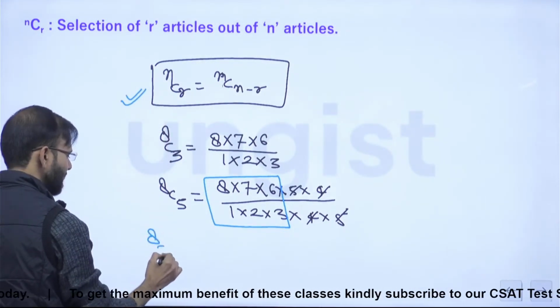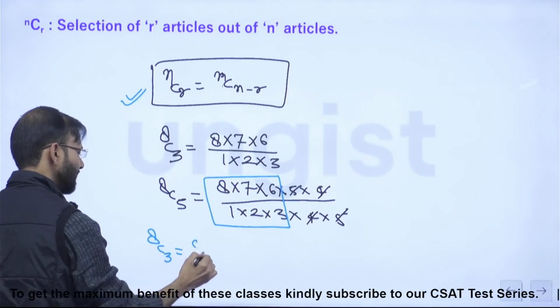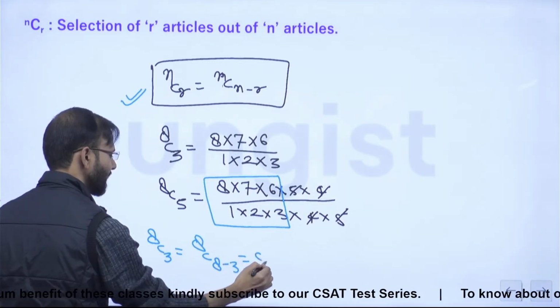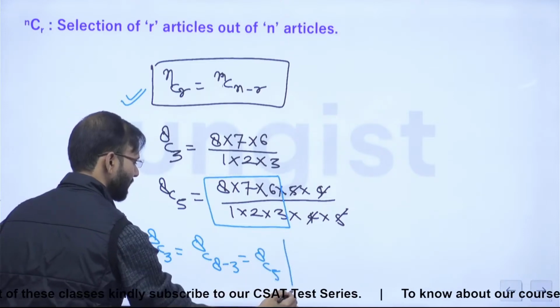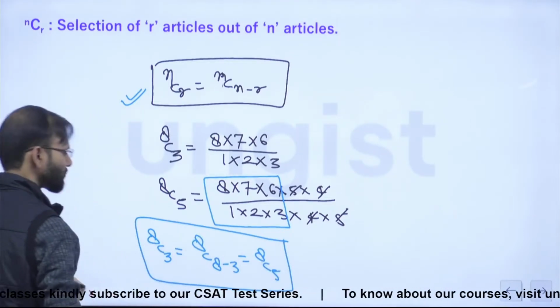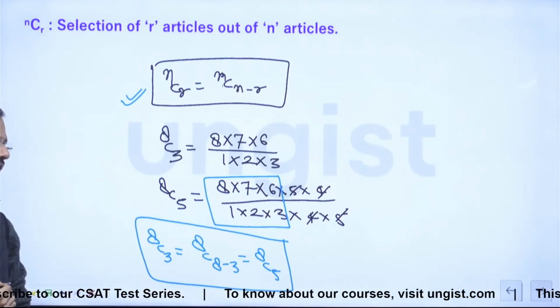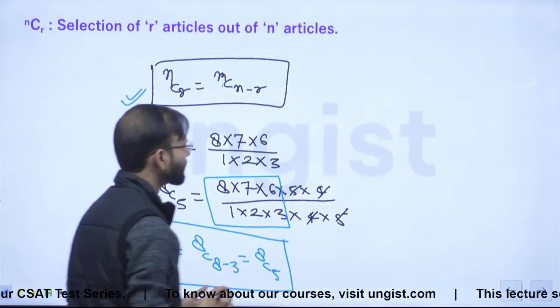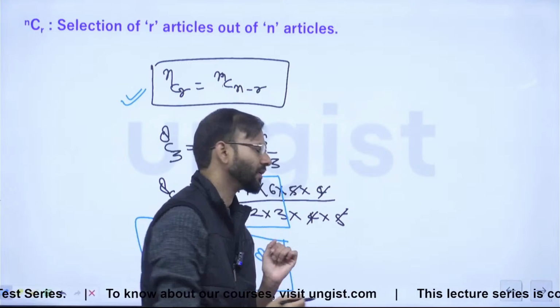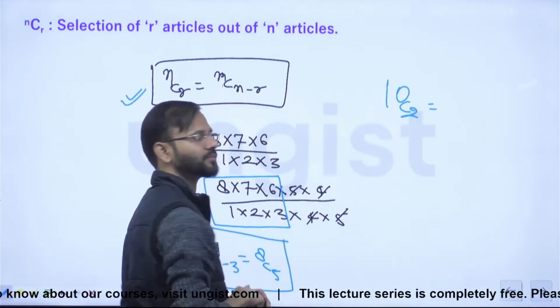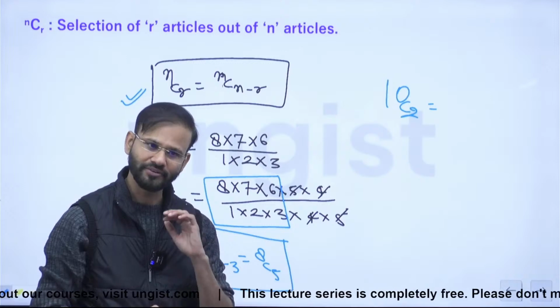If it is 8C3, 8C3 will be same as 8C8 minus 3, which is 8C5. Everybody, yes or no? So if the question is, look here, you know the value of 10C2? You have told me the answer: 45, right?